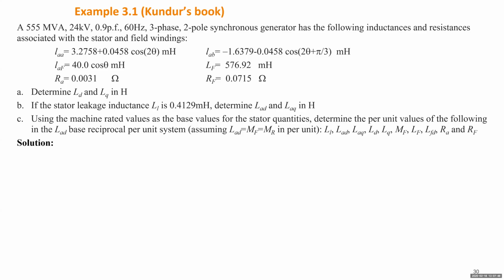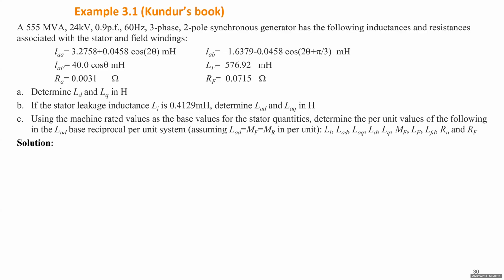So first they give you LAA. LAA is actually the self-inductance of the winding A. This is not a good parameter because it is theta dependent. It changes with a cosine function. They also give you LAB, right? We know LAB will be a negative value because the winding A and the winding B are separated by more than 90 degrees.